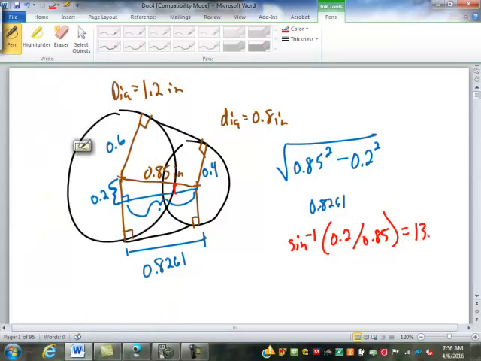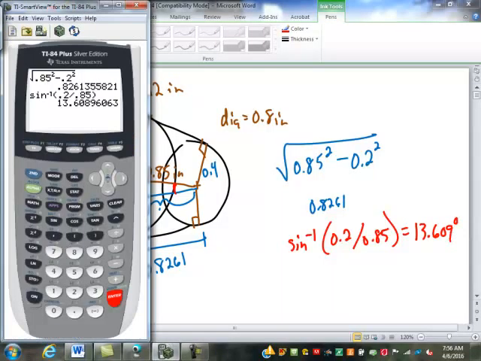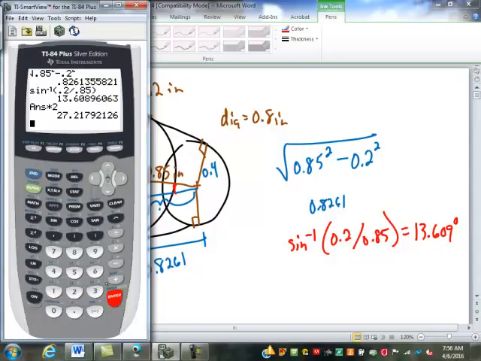That gives 13.609. I'm putting it as 0.609 only because I have to multiply it by 2. I have 13.240. So I'm getting, nope, it should be 6. You used the 0.8261 instead of the 0.85.